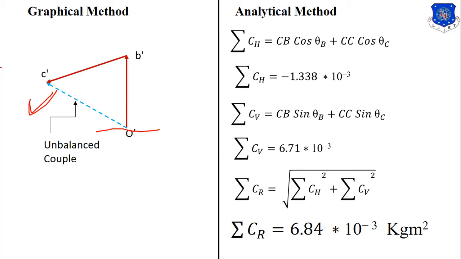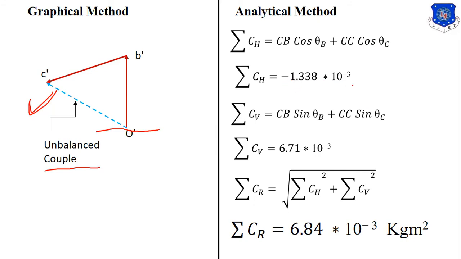Now we can compare the graphical as well as the analytical method. For the analytical method, we are already aware of the equation. Here the horizontal couple equation is CB cos theta B plus CC cos theta C. By putting the values, we will get the horizontal couple as minus 1.338 into 10 raised to minus 3.